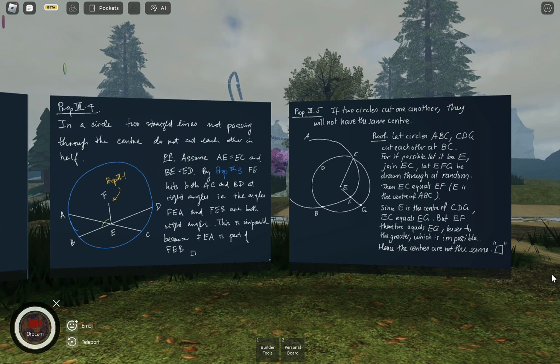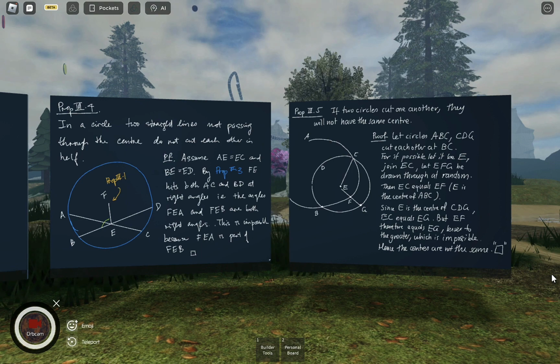Okay. I mean, clearly these EF and EG lie on the same line. Okay, let me try and say this in a way that it's actually legitimate. So we have two circles, they cut, let E be the common center, join E to one of the points of intersection, and then draw any other line through the center of one of the circles.